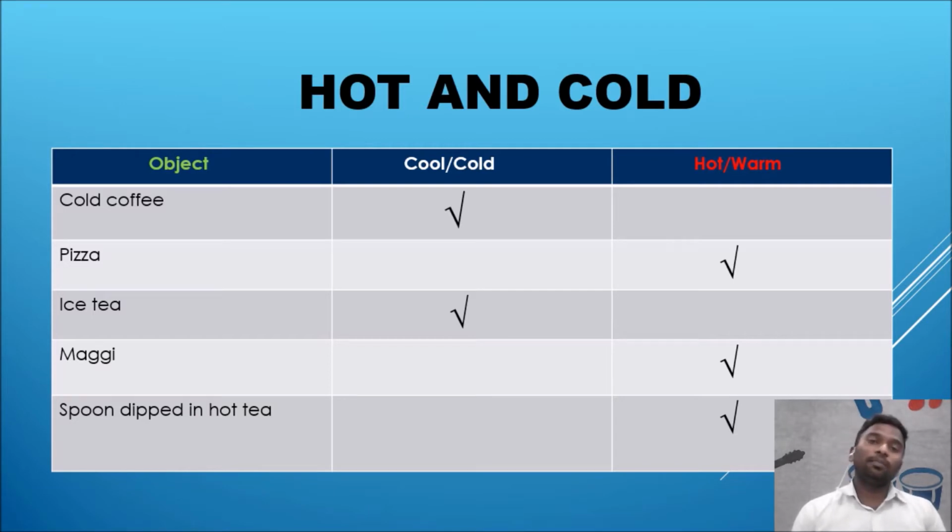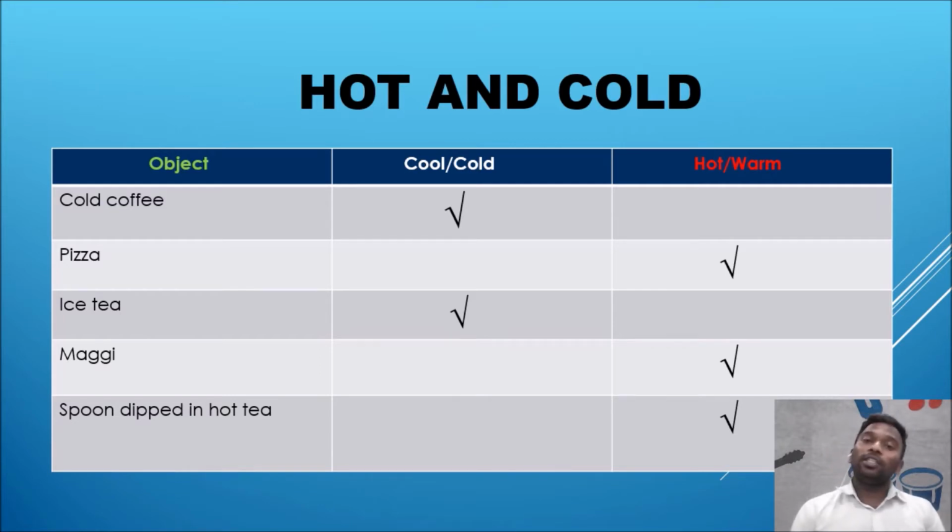But if it is placed inside hot tea, after a few minutes, if you touch the spoon, you can feel some hotness. So the spoon dipped in hot tea comes under a warm or hot object. With this activity, we came to know that some of the objects are hot, as well as the remaining are cold.